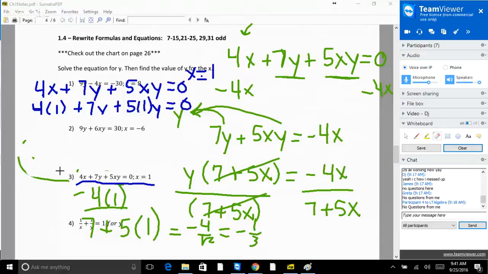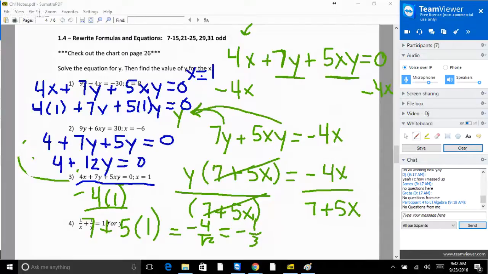All right, so if I solve this, I get 4 plus 7y plus 5y equals 0. So 7y plus 5y is 12y plus 4 equals 0.